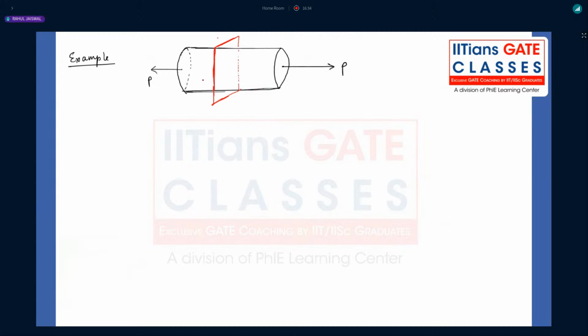By this particular plane I'm cutting the section plane. In the section plane, I'm considering the left part and the right part. And again I'm saying that this is nothing but a circular cross section.